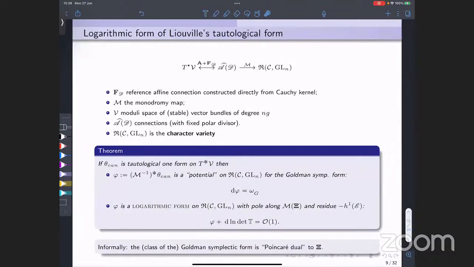Okay, so this is only one slide, right? I don't know how many people are familiar with this kind of language in this audience, but here is a little diagram where V is the moduli space of stable vector bundles of degree ng. This is the cotangent of said object. This is the connection, so those are connections.